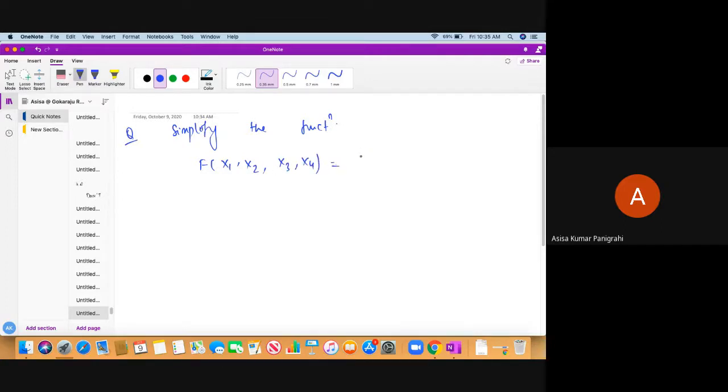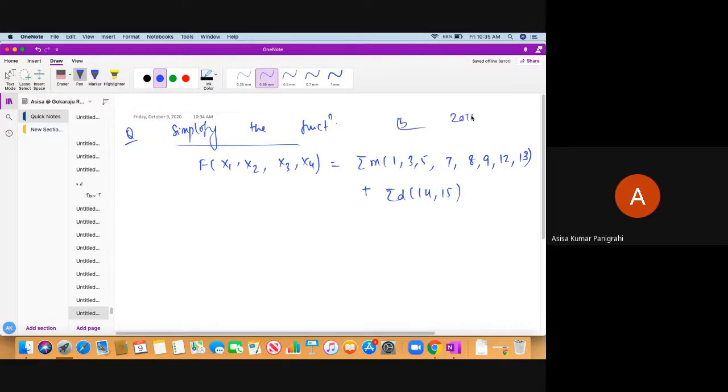This is the function which is the summation of m(1, 3, 5, 7, 8, 9, 12, 13), and the summation of d, which is 14 and 15. Not 15, 13, sorry: 12 and 13. What is being asked is to simplify the given function, not to realize it. This was a 5-mark question in 2015 and it came in the exam.